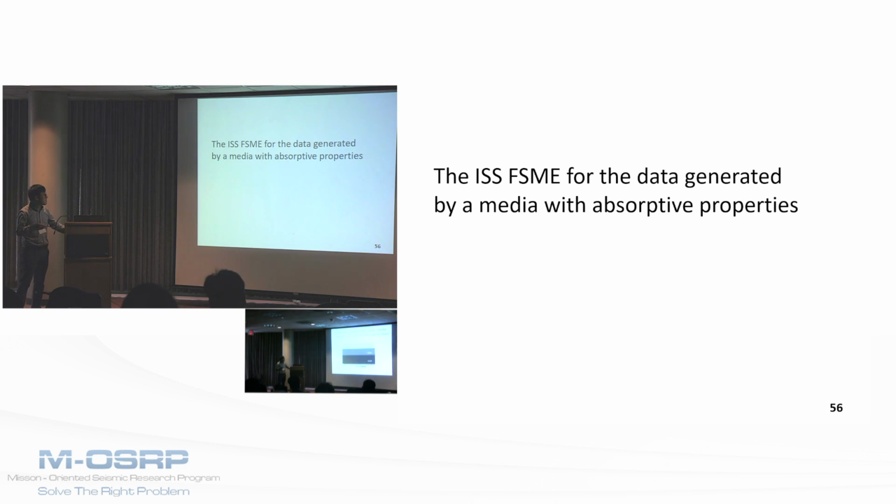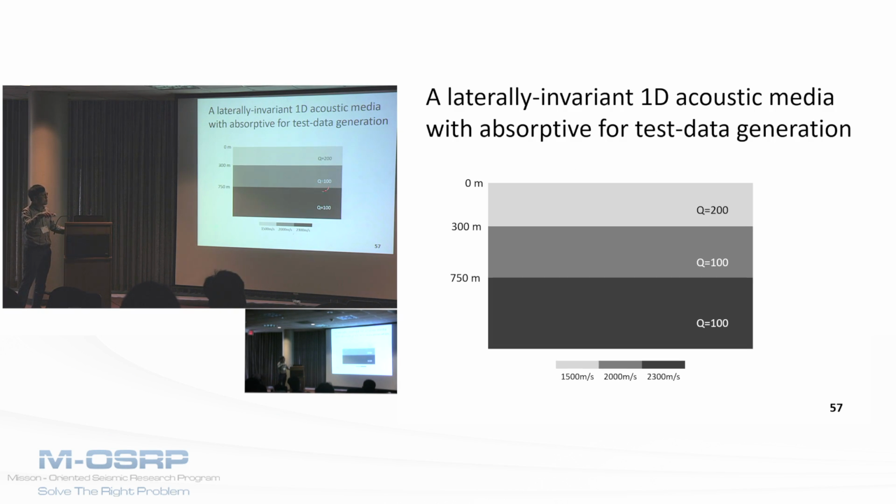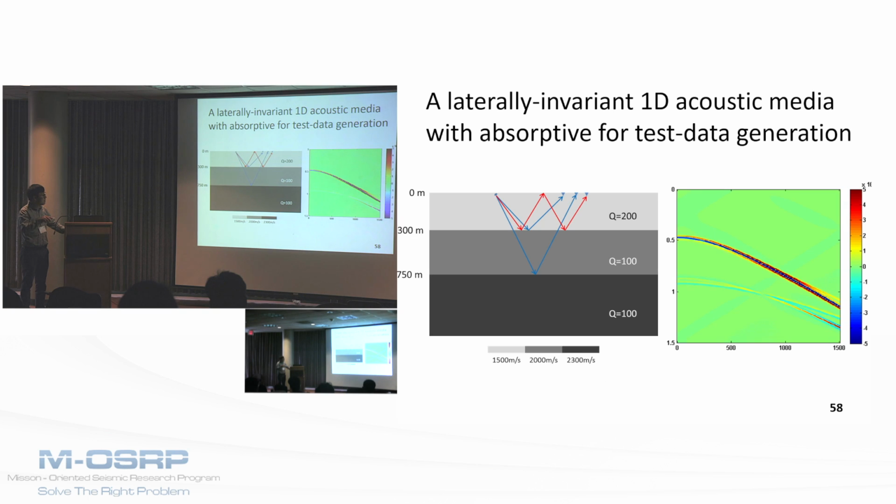So to show this, we use the same model as we saw in the last test. The only difference is we introduce some absorptive property in the media for our data generation. And similar to the last test, we generate two primaries and one free surface multiple, as highlighted in these slides.